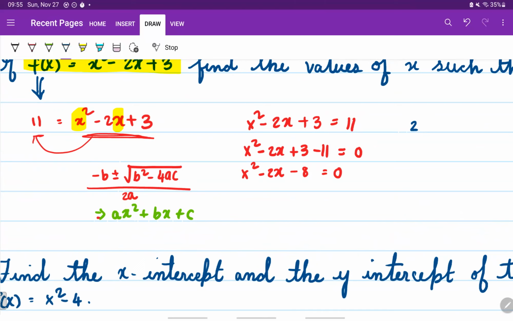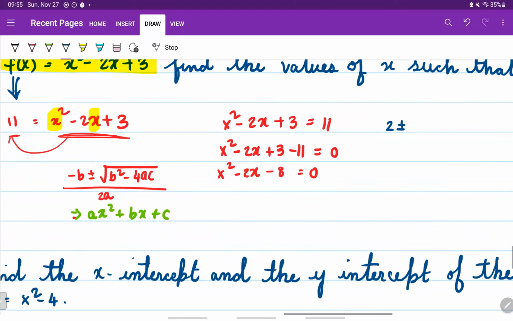So it's 2 plus or minus root over b squared, which is 4, minus 4ac. So it's minus 4 times negative 8. You have negative, negative, which becomes a positive.